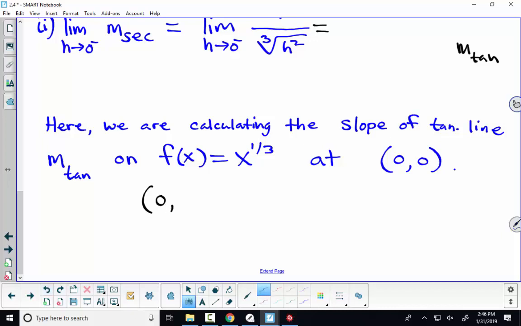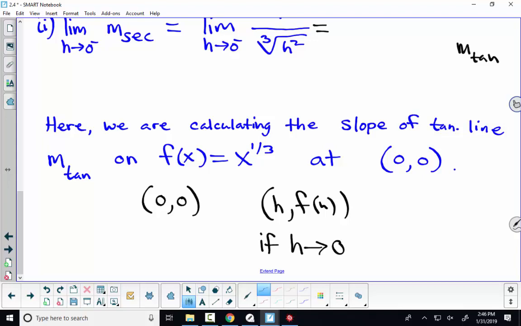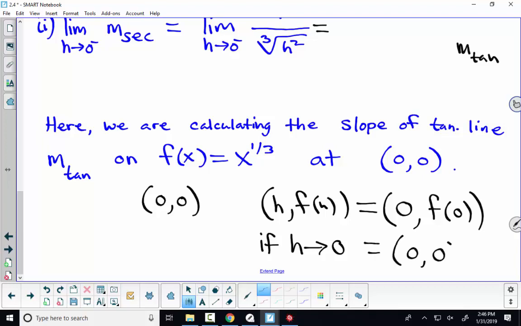So remember from part A, we started from (0, 0), and we went to (h, f(h)). As we're computing here, if h goes to 0, then this is 0 for h, and this is f of 0. And f evaluated at 0 is just 0 to the 1/3, so that's (0, 0).